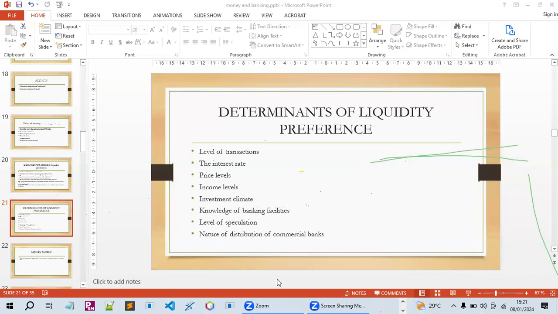For example, people can invest their money in treasury bills and bonds so as to earn the profit. But if there is no level of speculation in securities with low interest rate, it leads to high liquidity preference as speculators prefer to have their own money in cash form rather than investing it in securities where there are no interest or profits.